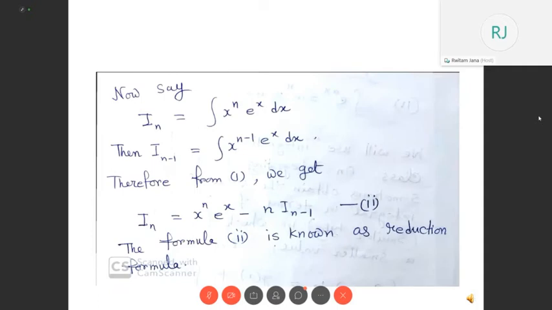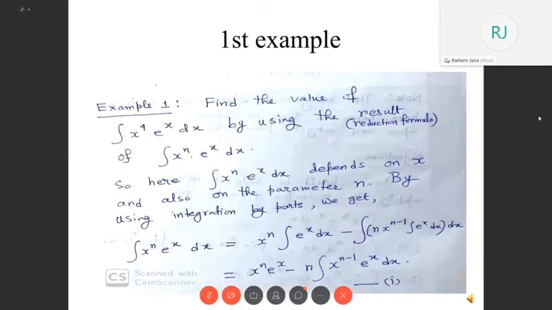So let's see this. If In is the integral of x to the power n into e to the power x dx, then I(n-1) is the integral of x to the power n-1 e to the power x dx. From this, equation number 1, we can get I_n equals x to the power n e to the power x minus n into I(n-1).